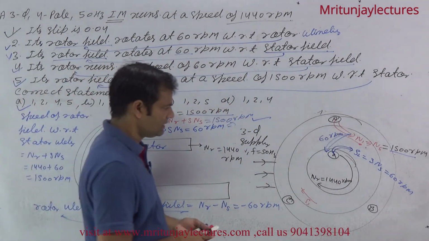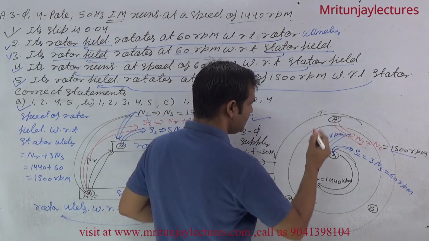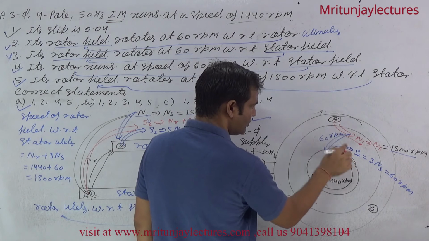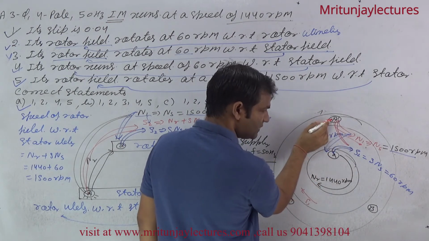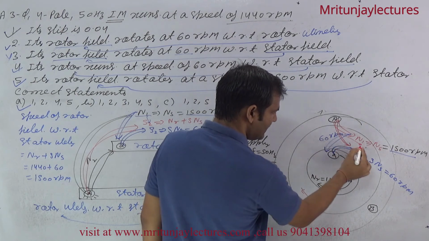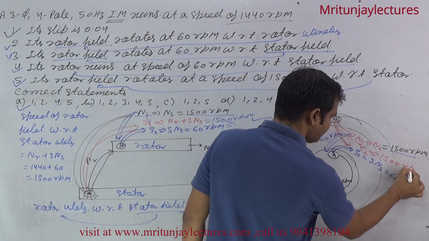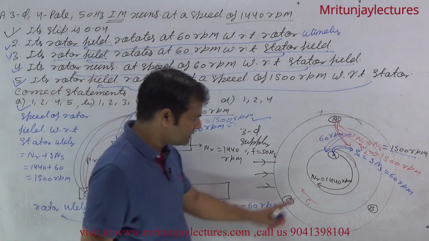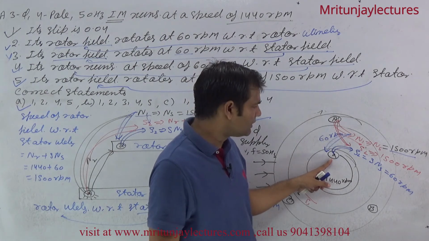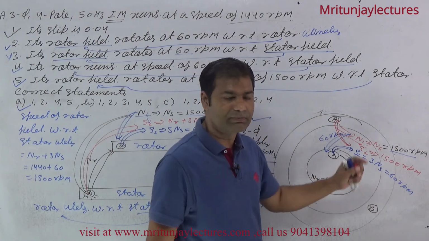Or you can say that if you sit on the stator field, the rotor field S2 looks like 1500 rpm. Clear? And if you sit on the rotor and see the rotor field, that is 60 rpm. Clear?